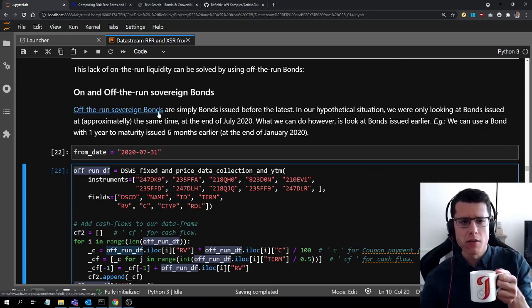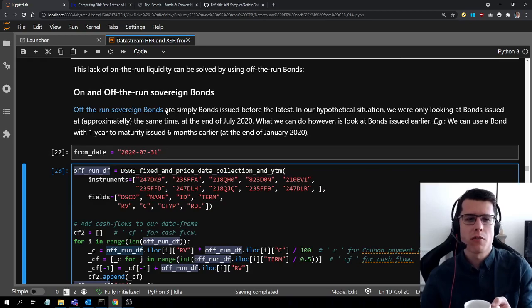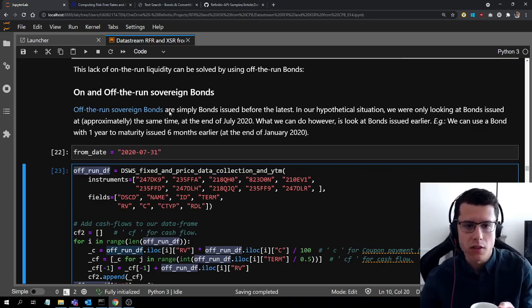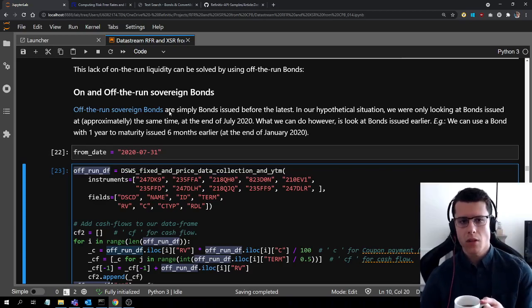Now I'm using off the run sovereign bonds. The difference between the two is that off the run sovereign bonds were issued before the latest wave of issues, and as a result, their maturities change with time.